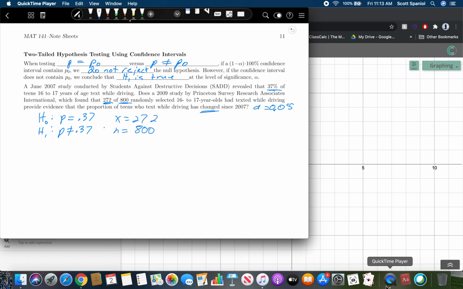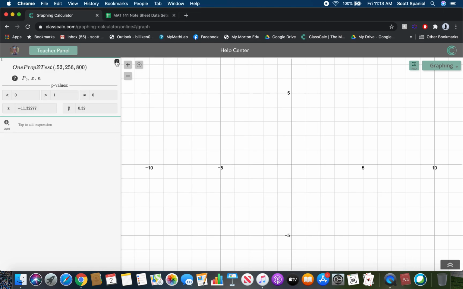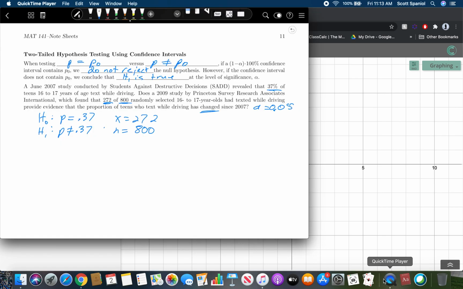Okay, so we can go into ClassCalc, and instead of doing one prop z test, we can do one prop z int, which is option one. We can put in our x, which is 272, and our n, which is 800, and then we have to give it a confidence level, which is 1 minus alpha times 100%.